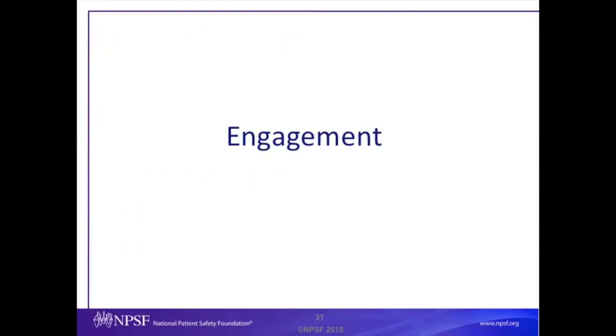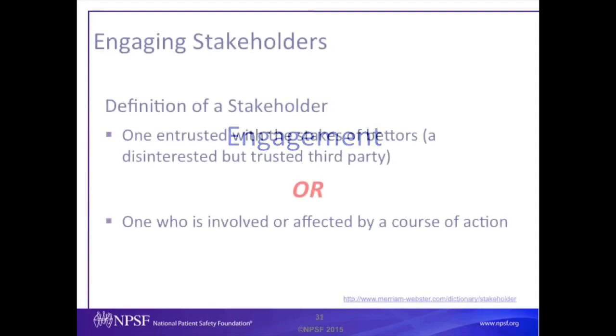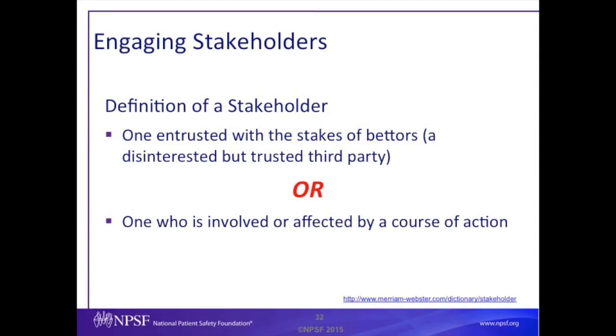We talked a bit earlier about engagement, but we're going to address it more fully now. When looking at the objective of how to engage stakeholders, it is helpful to start with a definition. There are 2 definitions, which are actually opposites, and this is unusual. A stakeholder can be a totally disinterested party who historically would be the one who would hold the stakes of people that were betting.